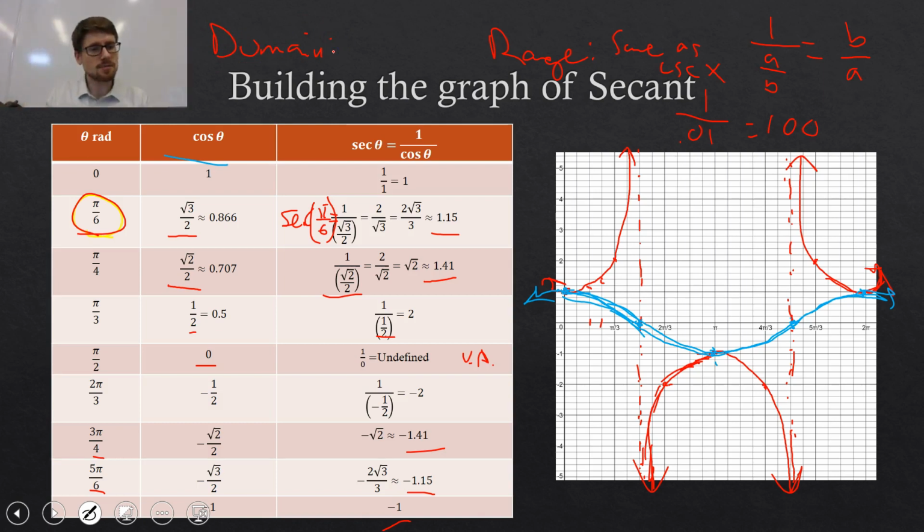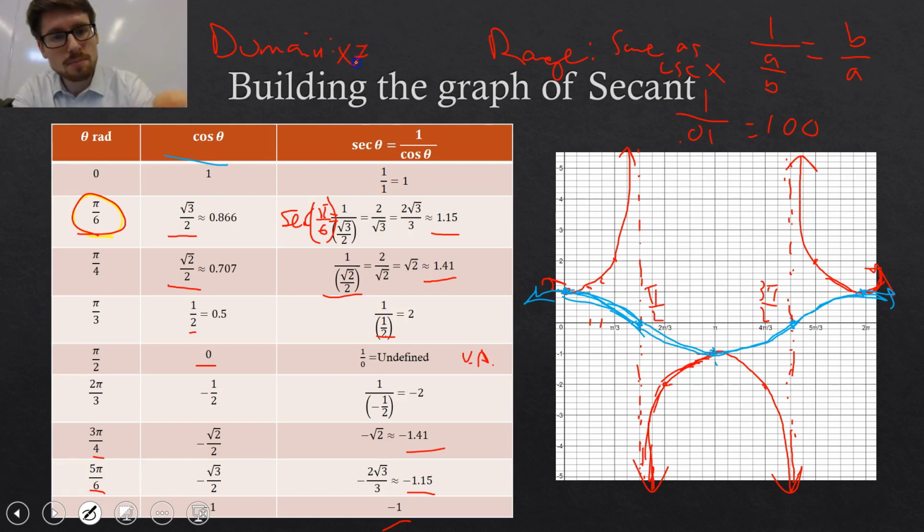They're just happening at different times. They're happening whenever cosine is 0 now. And that happens at pi over 2. This is pi over 2. And 3 pi over 2. And then you can just keep adding multiples of pi on to one of these numbers and you'll get another vertical asymptote. So any multiple of pi added to pi over 2 is going to get you another vertical asymptote.